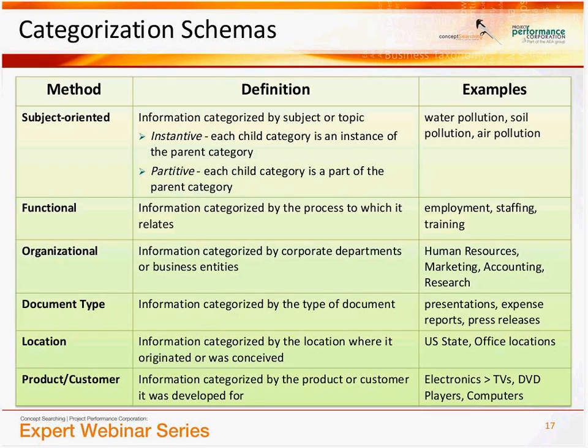So, we have a subject-oriented term set or a functional term set, one by organizational unit, which department or area owns a particular document. Then document type, also very common.